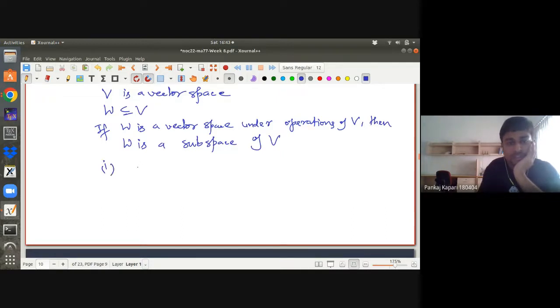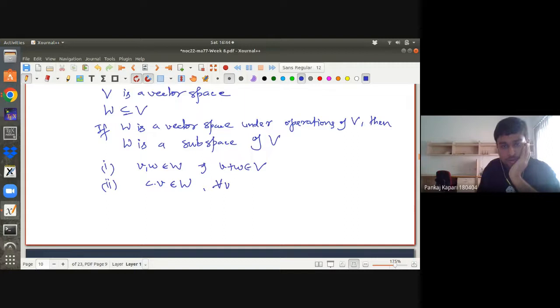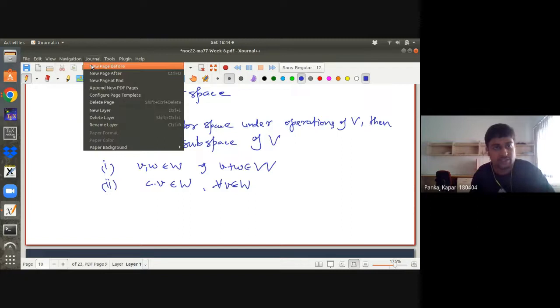First is, if we are taking two vectors from W, their sum must lie inside W. And the scalar multiplication of a vector from W must belong to W for all V lying in W. If these two properties hold for a subset, then we say that particular subset is a subspace of the vector space.